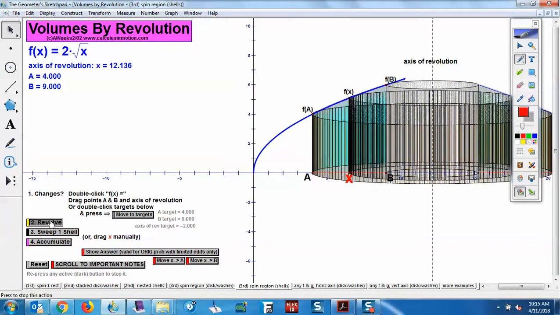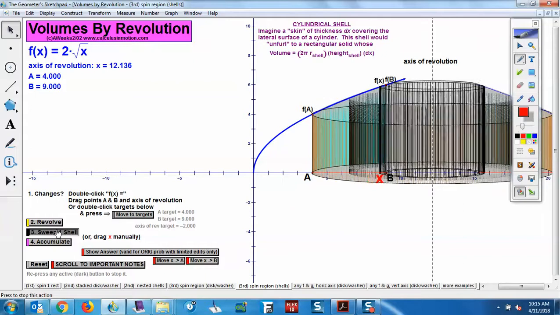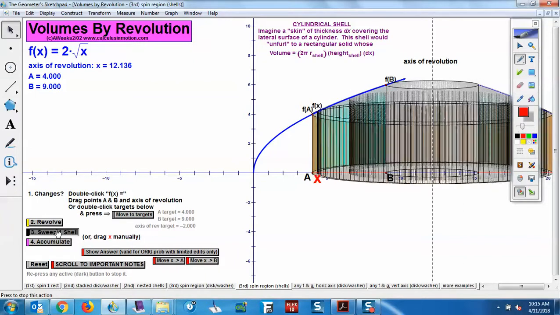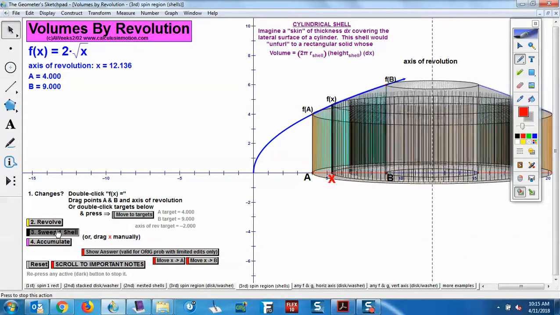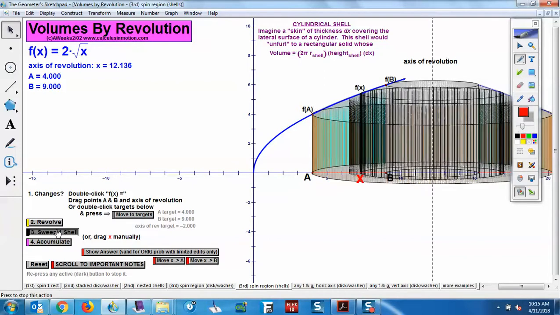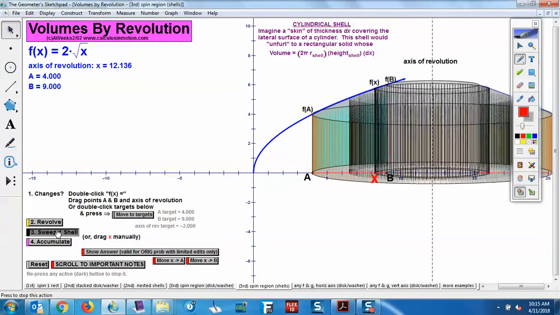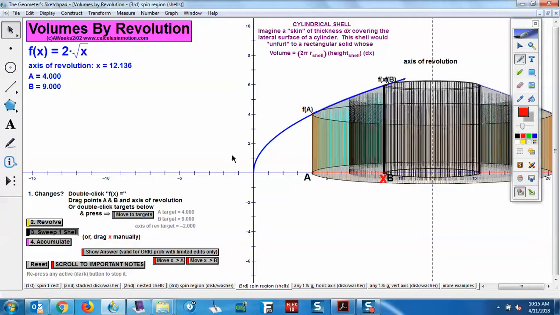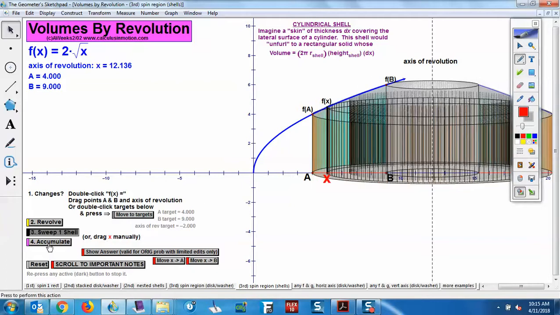What we have is what they call a shell. And I would call it a layer, okay? And if you look through here, those would be the layers. And they're cylindrical shaped. Sometimes this is called the method of cylindrical shells. It's a cylinder-shaped layer, okay? And what we'd be doing is adding those up.